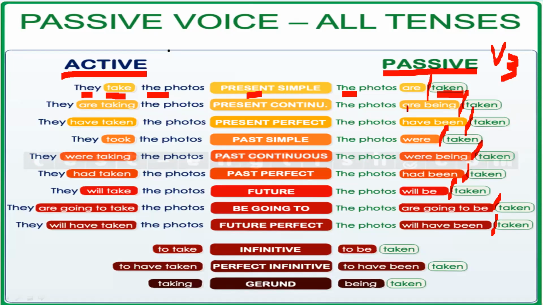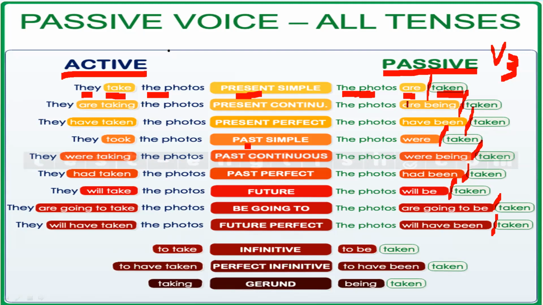Present simple, for the photos, plural object, and present. Of course, you will not write were, this is the past. That's why we wrote are. The photos are. The photos, the object, are.